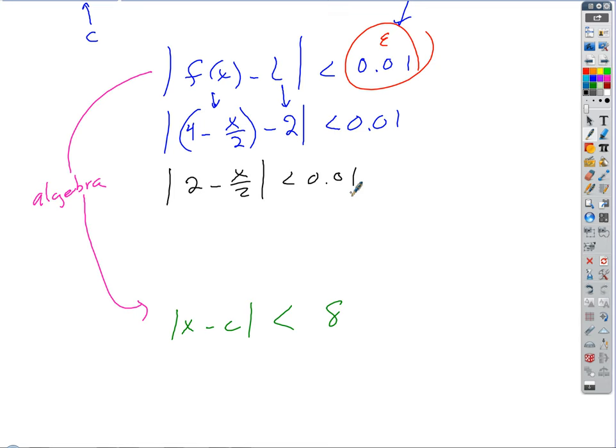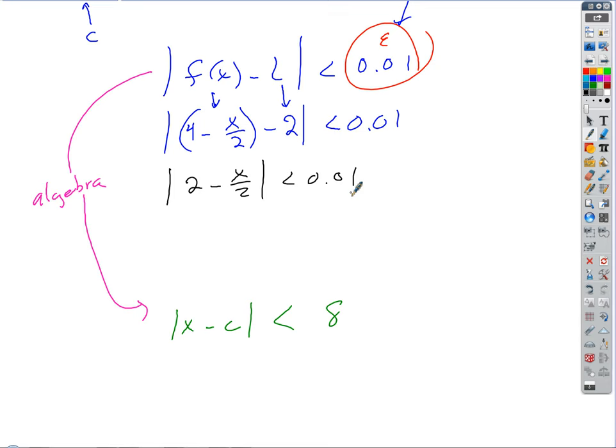I want to make this look like the absolute value of x minus something. I could multiply both sides by 2, that would work. But probably better than that, if I want to make this look like the absolute value of x minus something, I've got to factor out whatever the coefficient of x is. So what is the coefficient of x? What's being multiplied by x in this second term?